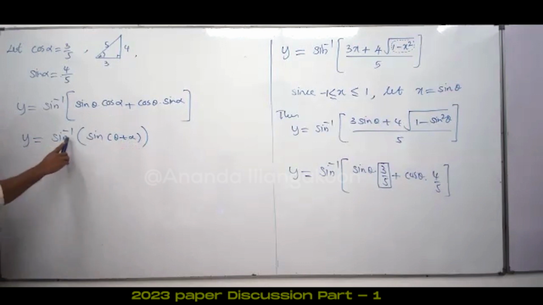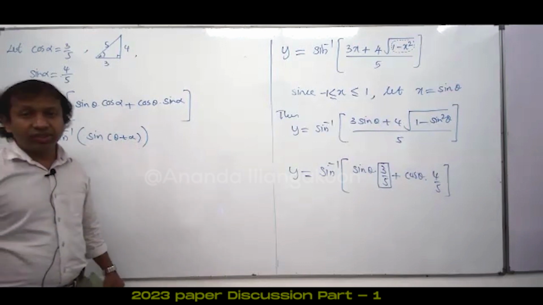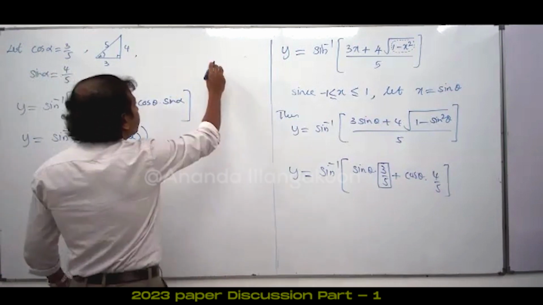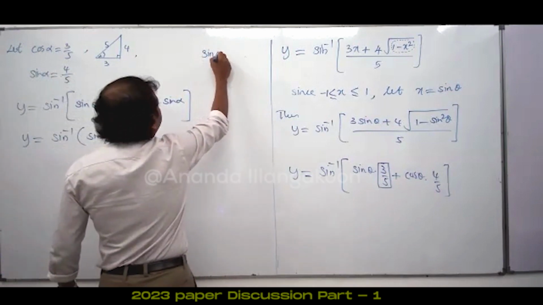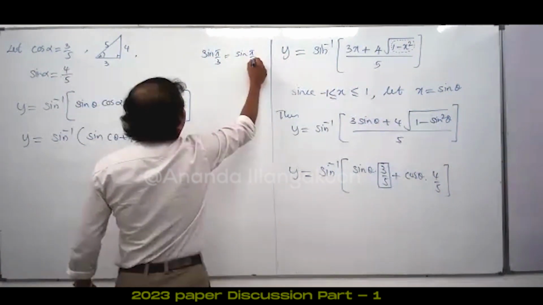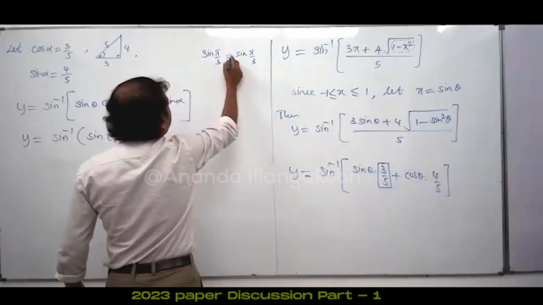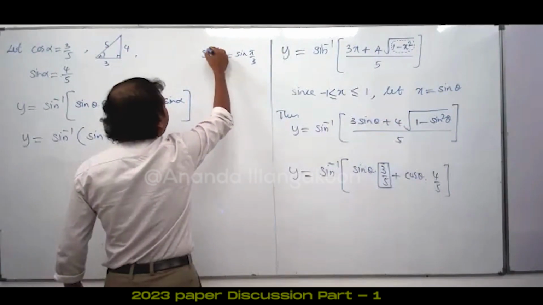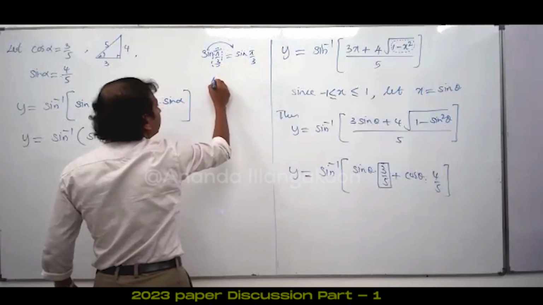You know, people, what does sin inverse sin mean? Sin inverse sin means this angle. For instance, you know this, no? Sin 60 is equal to sin 60, this is an obvious result. Then if I need to make this angle pi by 3 the subject, we have to take the sin on the right hand side as sin inverse.